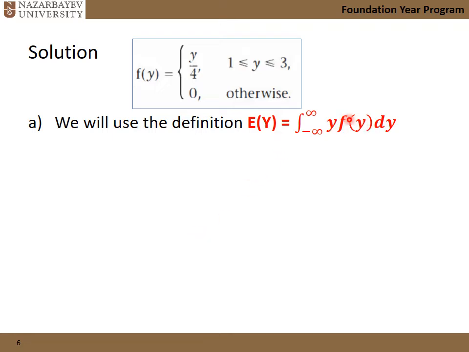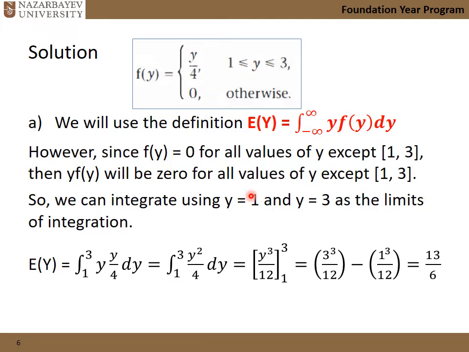The mean equals the function itself multiplied by the variable, integrated from minus infinity to plus infinity, and we are going to replace minus infinity by 1 and positive infinity by 3. That's our variable, and y over 4 is the function itself. As you see, this is an easy integral. You just multiply y by 1, you get y squared. Integrating y squared dy is just y cubed over 3.